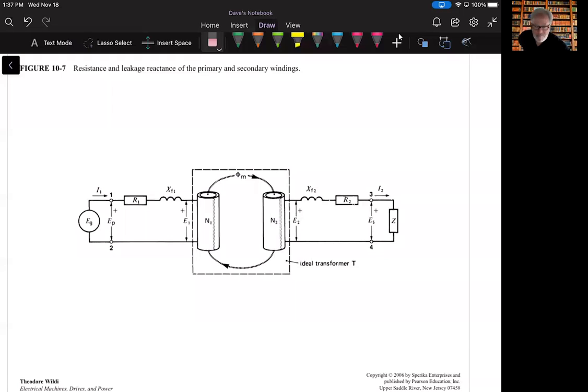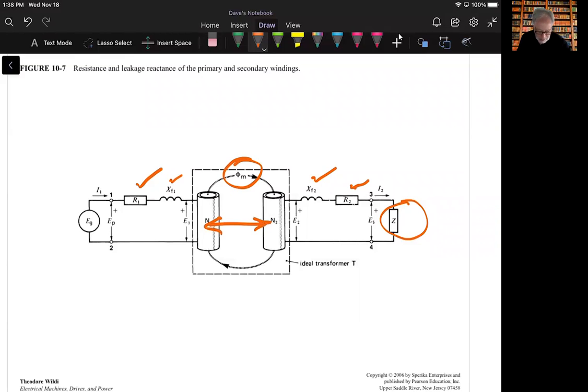What we can see from figure 10.7 is that it's composed of resistive and inductive elements. In terms of resistive elements, we've got R1 and R2, primary and secondary, we've got XF1 here and XF2 here, and then we've got a load connected out here, and all of this together is coupled by this mutual flux that links the primary and the secondary windings.